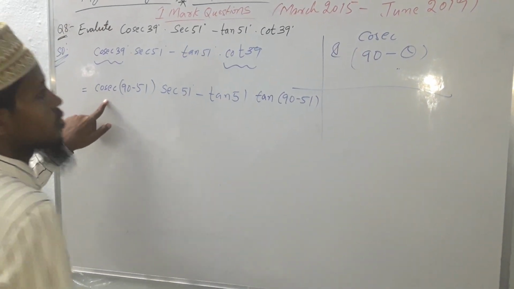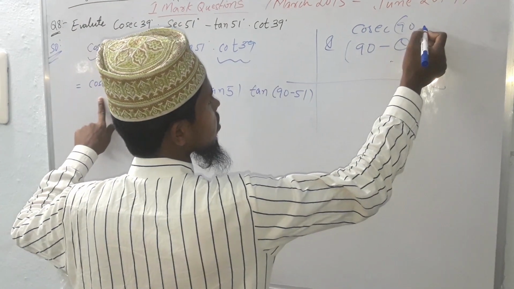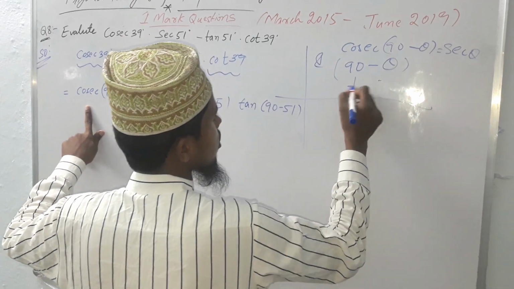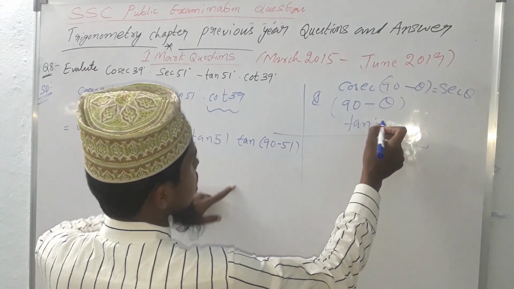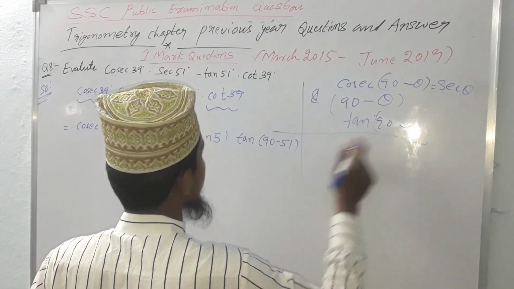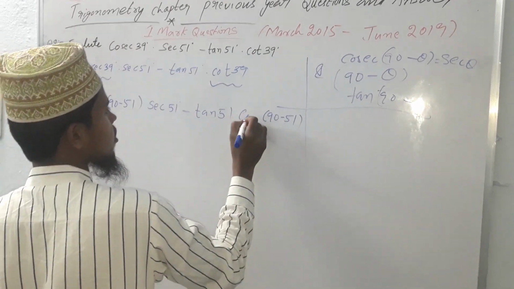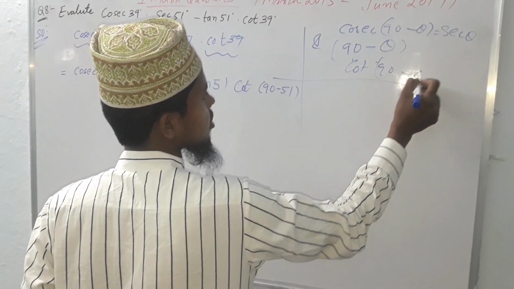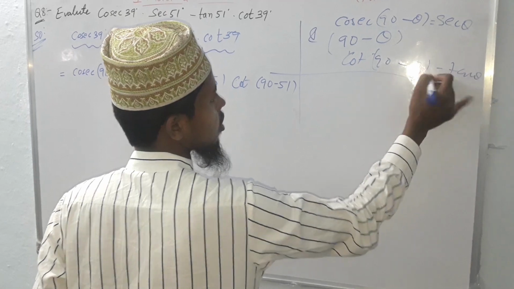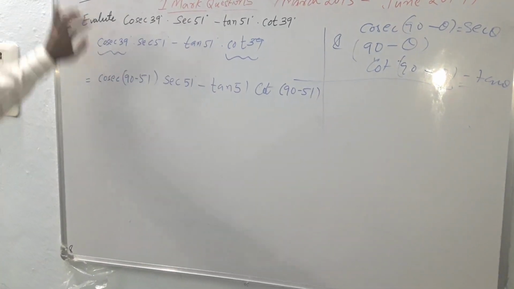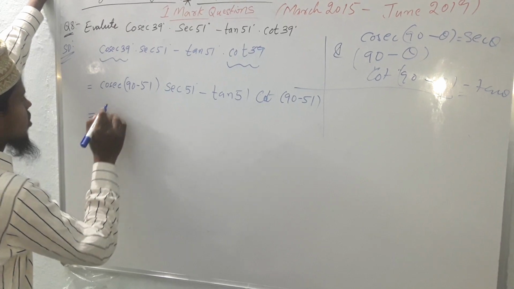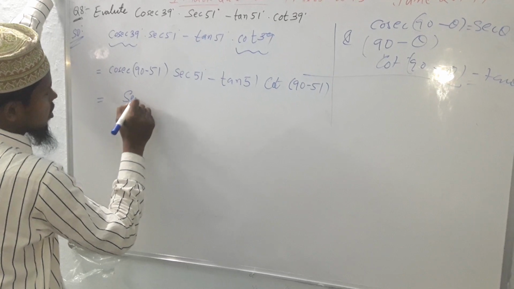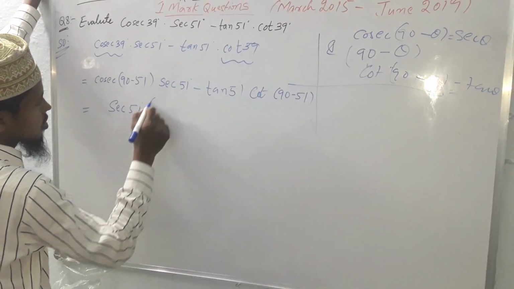In the first quadrant, cosec 90 minus theta is secant theta. Tan, sorry, here write cot 90 minus theta is tan theta. Here, see, cosec 90 minus theta is secant theta.